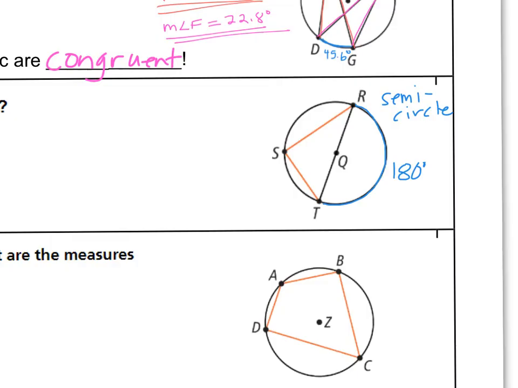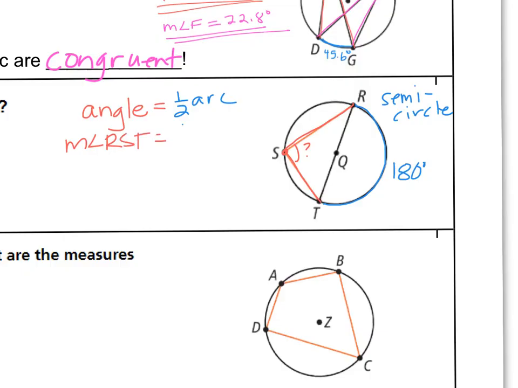And we're asked to find the measure of angle RST from R down to S over to T. S is our vertex for the inscribed angle. How big is that angle? Again, we're just going to follow our formula that we've been applying all along. The angle, by definition, is always half the measure of the intercepted arc. We want the measure of angle RST.